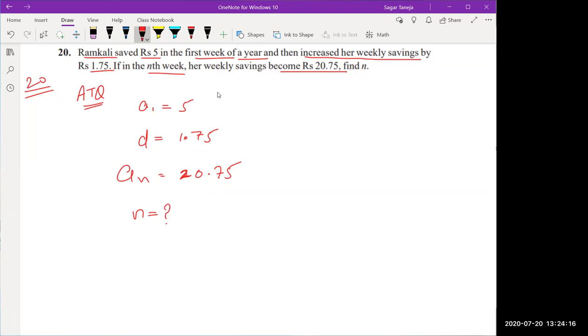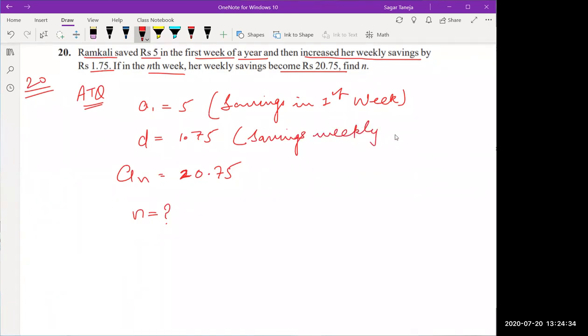Even you can mention here, these statements are required. Savings in first week, savings weekly increased by 1.75 rupee, and savings in nth week.